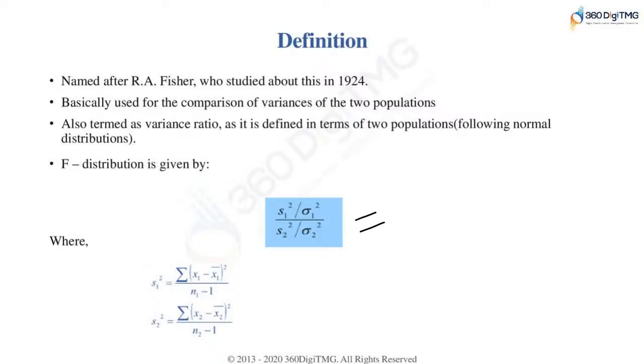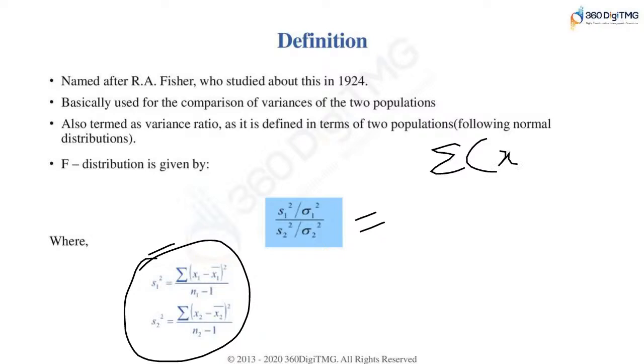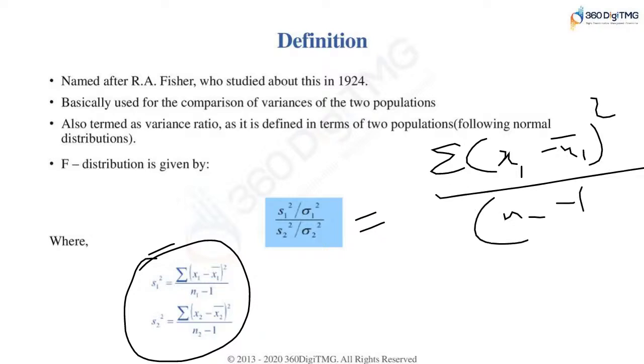So next, what is this S1 and what is this S2? We have this formula here. Most of you are aware of the formula for the sample variance: the sum of x1 minus x1 bar whole square, divided by n minus 1.